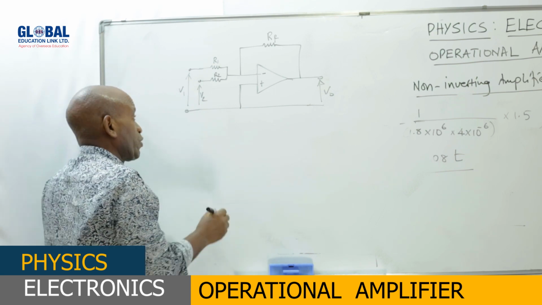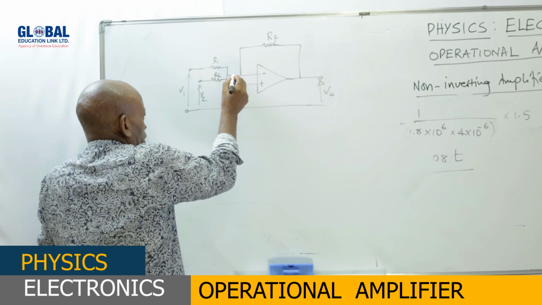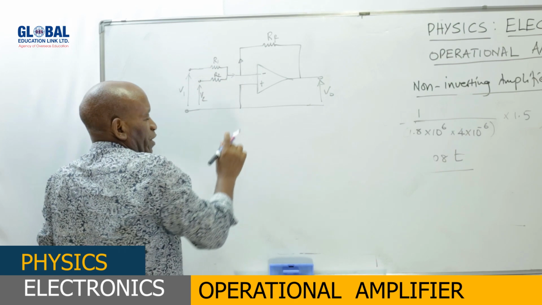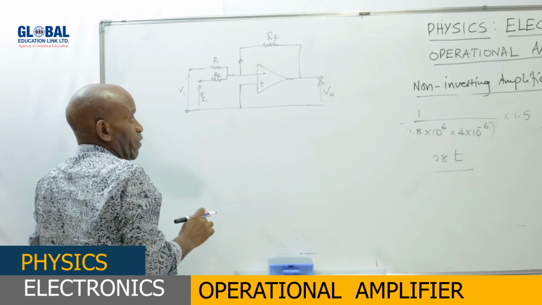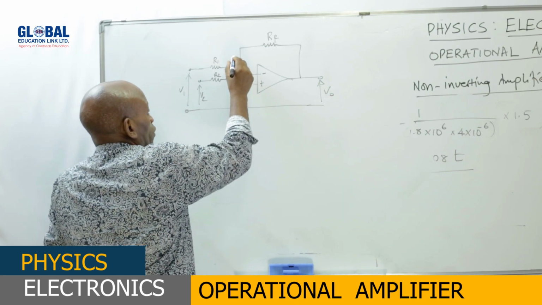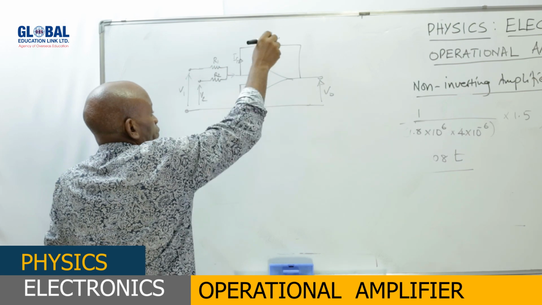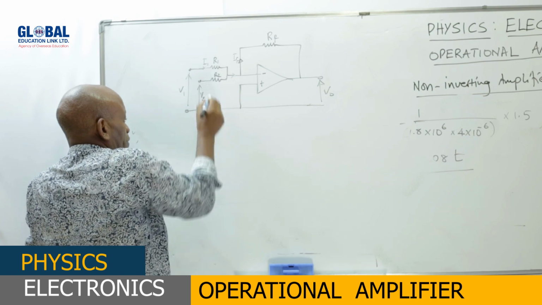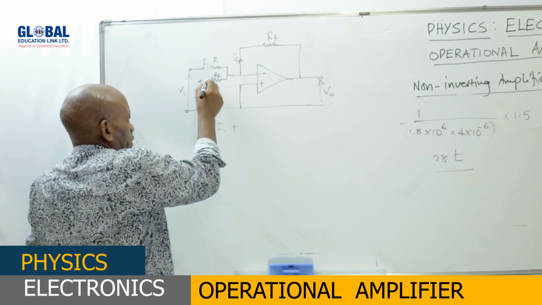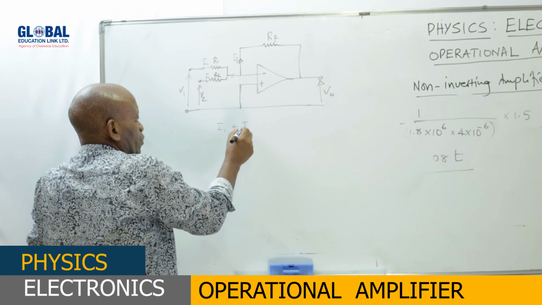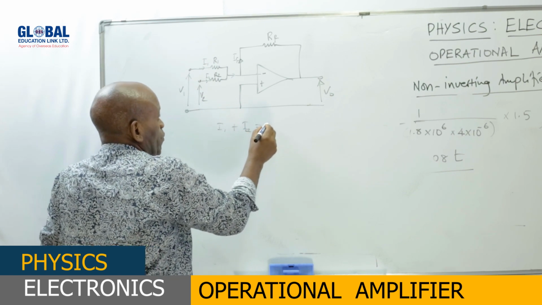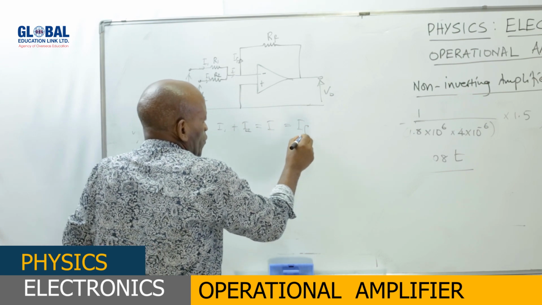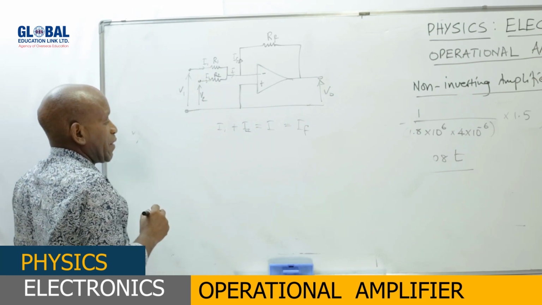What you are supposed to understand is that the actual current which goes to this particular point, due to the high impedance of the input terminal of the operational amplifier, will make almost the whole current go to the feedback resistor, such that the current across R1, which is I1, plus the current across R2, which is I2, will be equal to the total current I, which is equal to the current that goes to the feedback resistor.